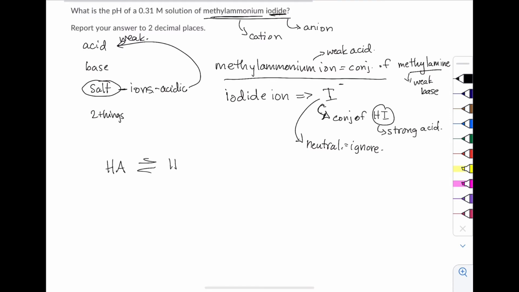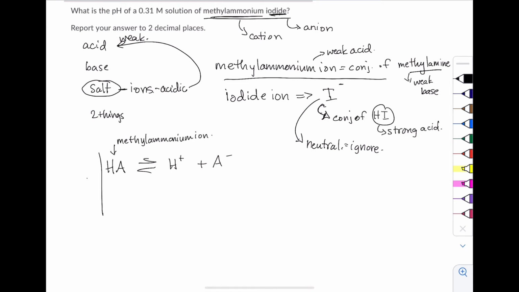We write the equilibrium reaction. I'm going to write the generic one. I absolutely could have written the formula for the methyl ammonium ion, but I don't have to unless the problem specifically wants the reaction. I can write the generic weak acid, where the HA is representing the methyl ammonium ion.